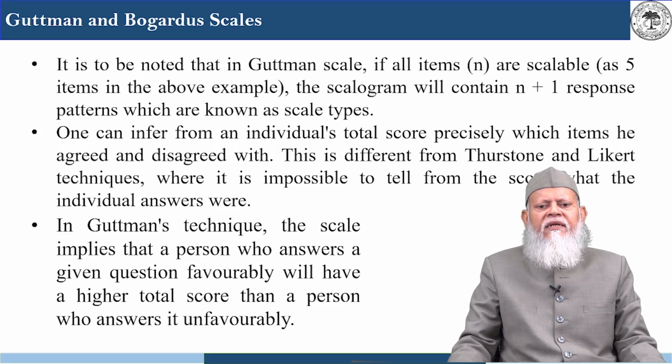It is to be noted that in Guttman scale, if all items n are scalable as 5 items in the above example, the scaleogram will contain n plus 1 response patterns, which are known as scale types.